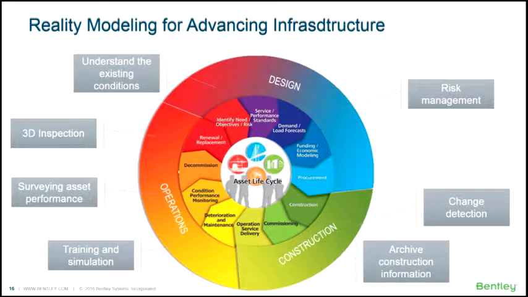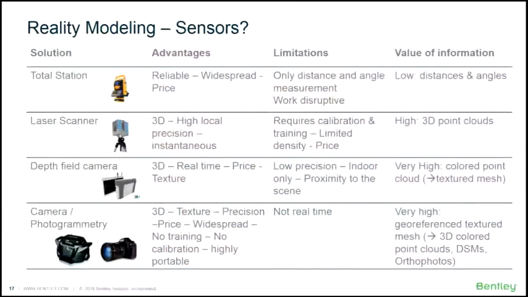Now, when we talk about reality modeling, we sometimes only talk about it with regards to photos, but in reality, there are many different aspects of information capture that can take place that can feed into the reality modeling aspects. It can be traditional total stations and terrestrial survey. It can be laser scanners.